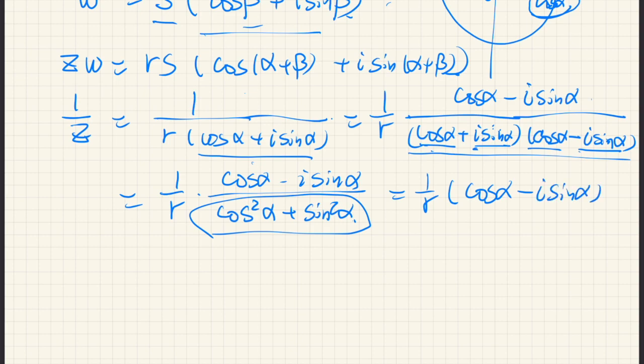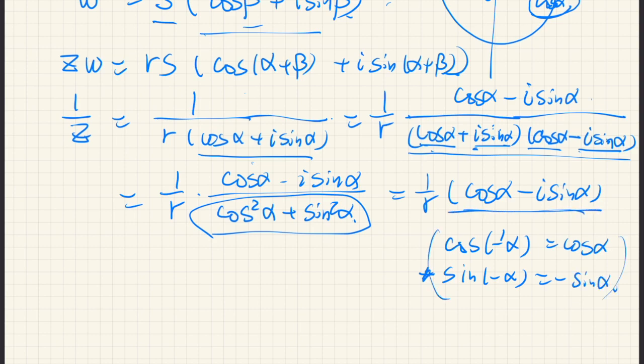However, remember, we have cosine negative alpha is equal to cosine alpha, and sine negative alpha is equal to negative sine alpha. So this can also be written as 1 over r times cosine negative alpha plus I sine negative alpha.